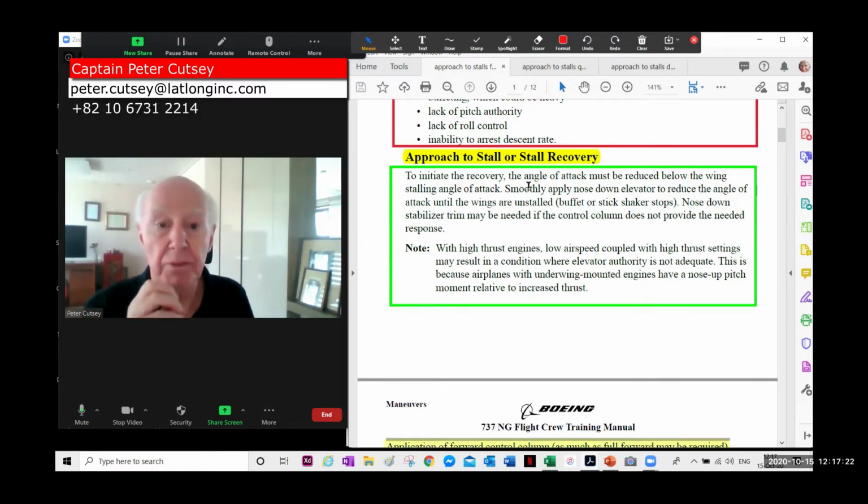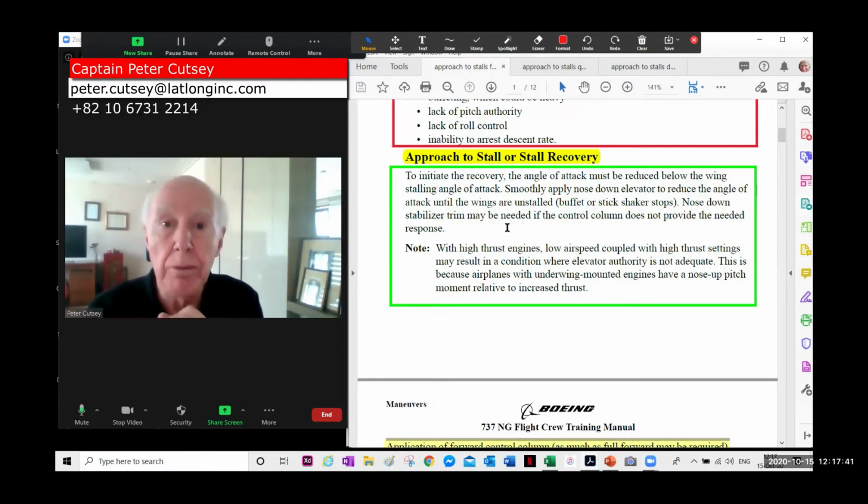To initiate the recovery, the angle of attack must be reduced below the wing stalling angle of attack. All right, the angle of attack. We already looked at that, so now you understand that. So we do that by unloading the elevator, that is by pitching down.